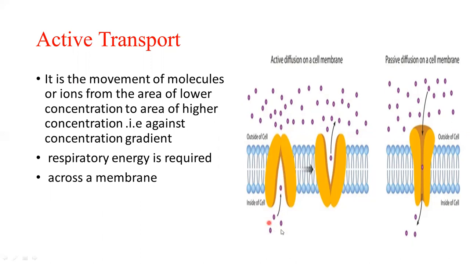Their kinetic energy is not enough to transport them from lower to higher concentration. When their movement is along the concentration gradient, they don't require respiratory energy. But when the movement of the substances is against the concentration gradient, from lower concentration to higher concentration, respiratory energy is required to transport these materials across the membrane.